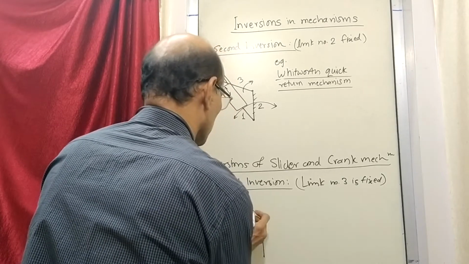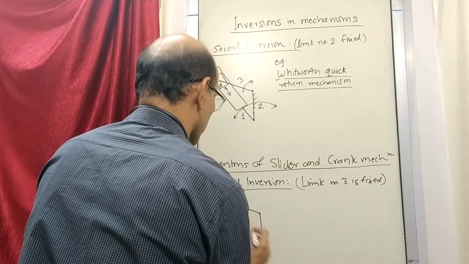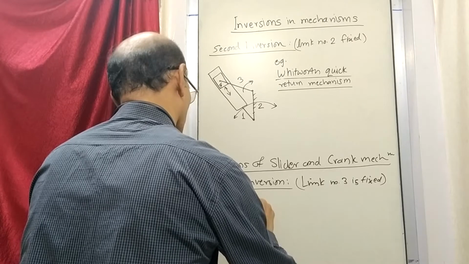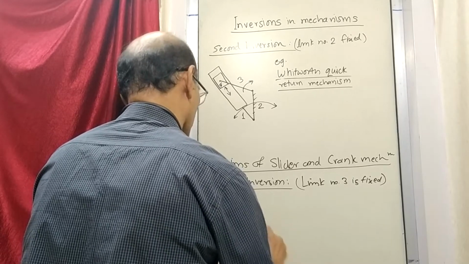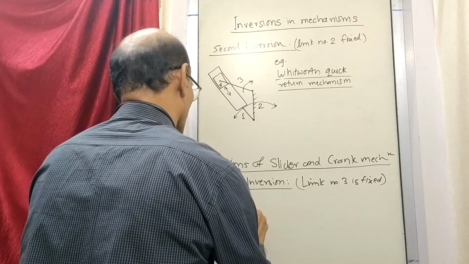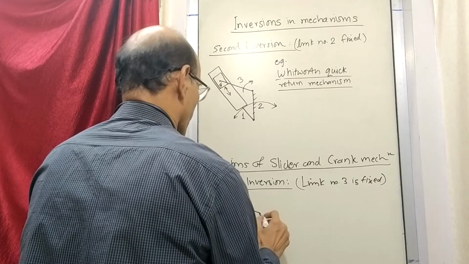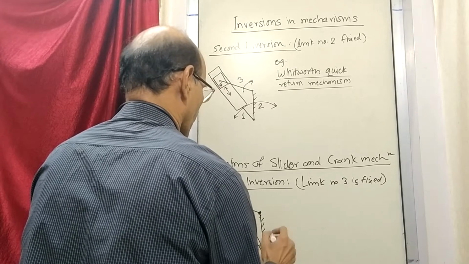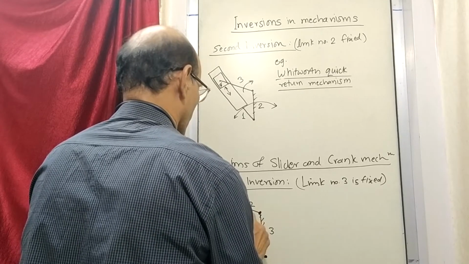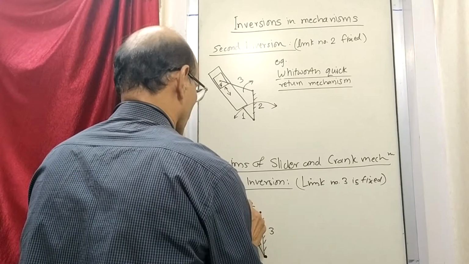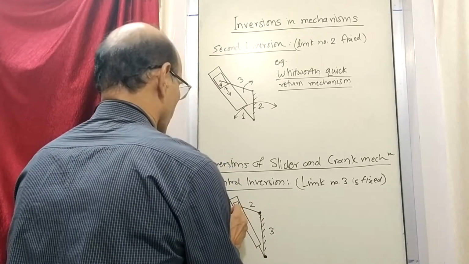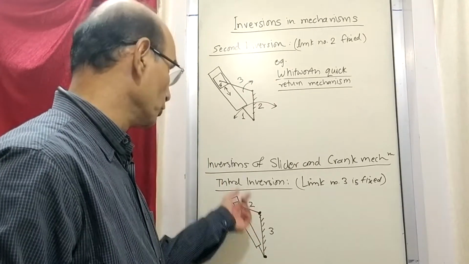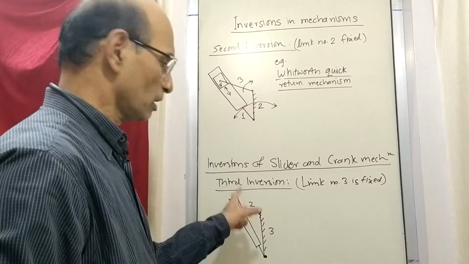Now this is link number 3, which is longer. So now link number 3 is longer, link number 2 is shorter. So some change is made and otherwise it is the same.